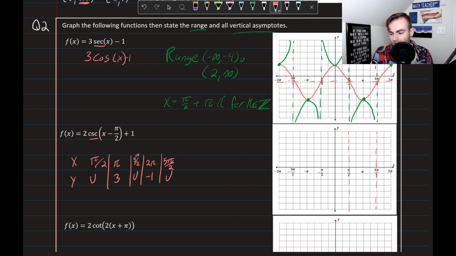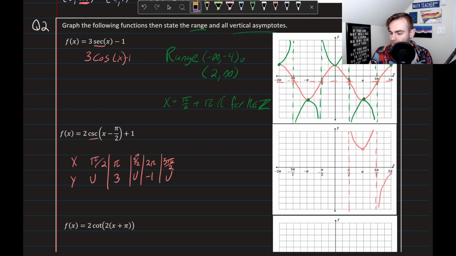Now we don't have that one, but we can always go backwards, follow the pattern backwards. So let's continue with what we've got. So at pi we have positive 3, 2 pi we have negative 1. So we would essentially have this pattern here, which means if we follow this up, oh, that's a negative 2.